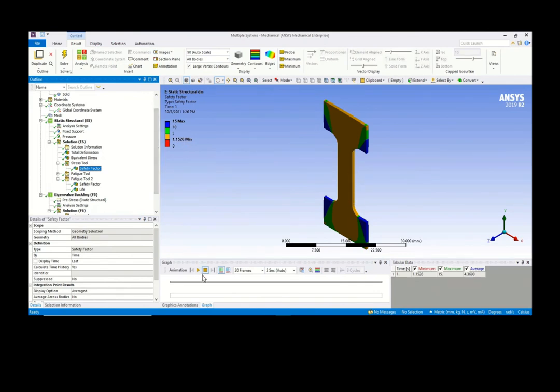If the safety factor is above 1, I assume it is safe; below 1, failure will happen. So this thing is safe, I will say that it is safe.